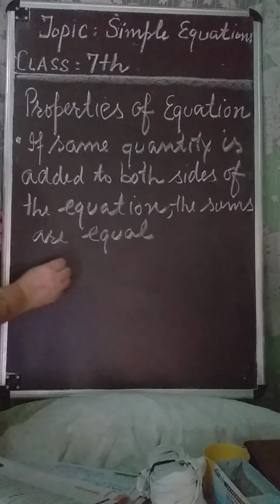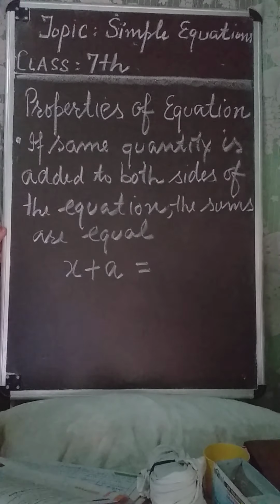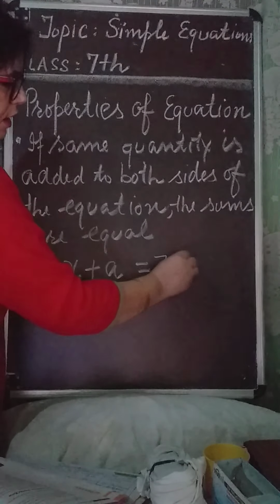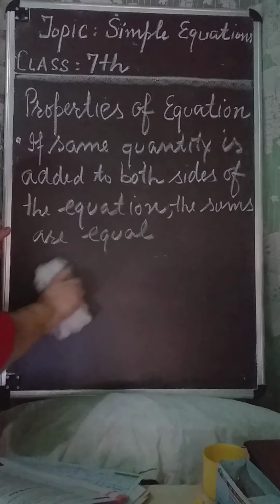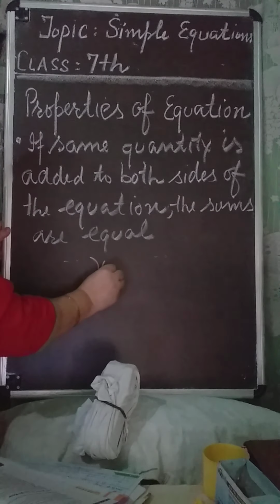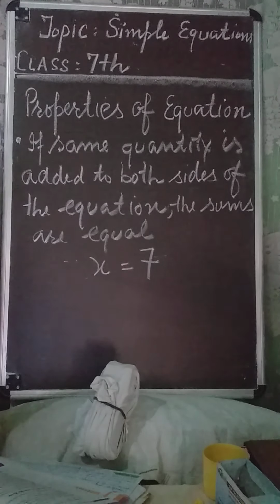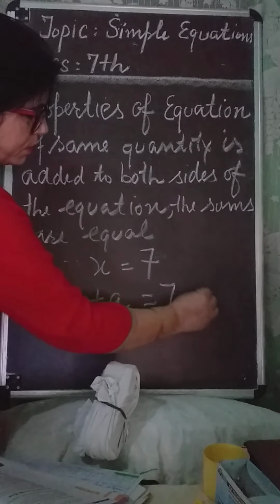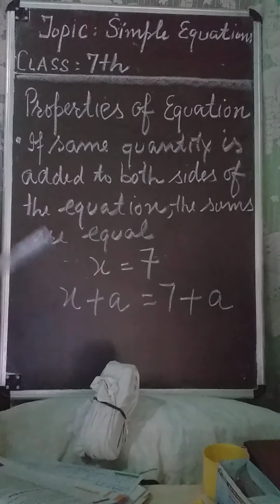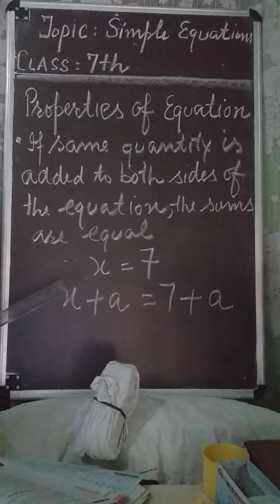This means if I write x plus a is equal to 7 plus a. So first if I write like this, x is equal to 7. So if I add x plus a or 7 plus a, this means I have added same thing here, I have added same thing on the right side, so their sum is equal.